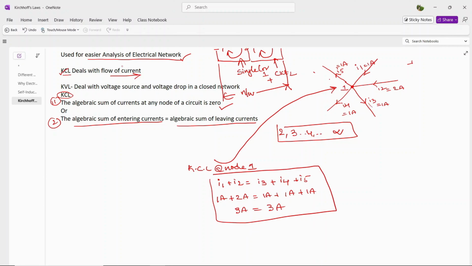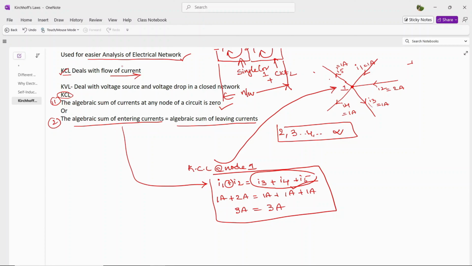The algebraic sum of entering currents is equal to the algebraic sum of leaving currents, where I1 and I2 are the entering currents, and the plus symbol is called the sum. Leaving currents are I3, I4 as well as I5.